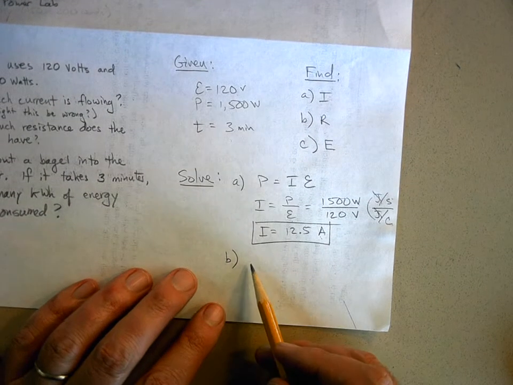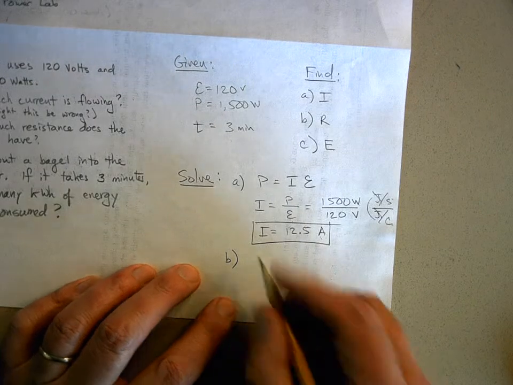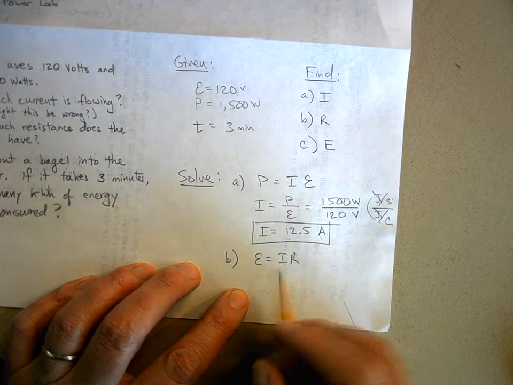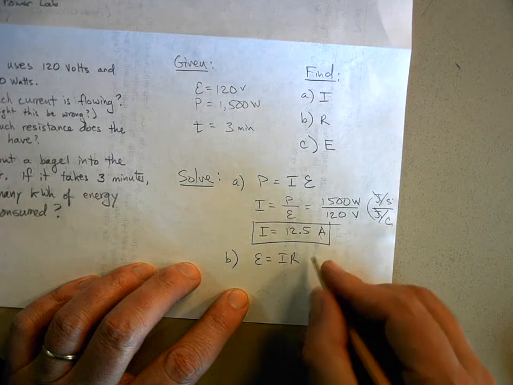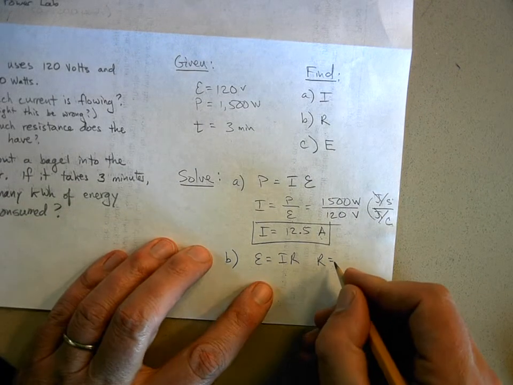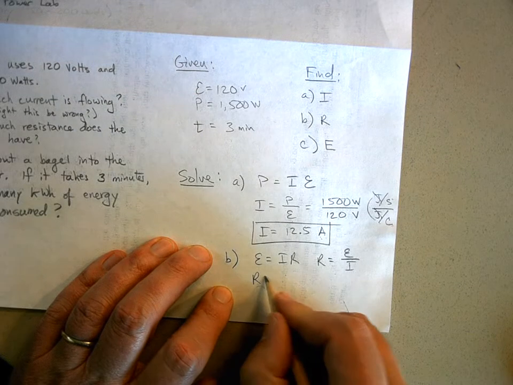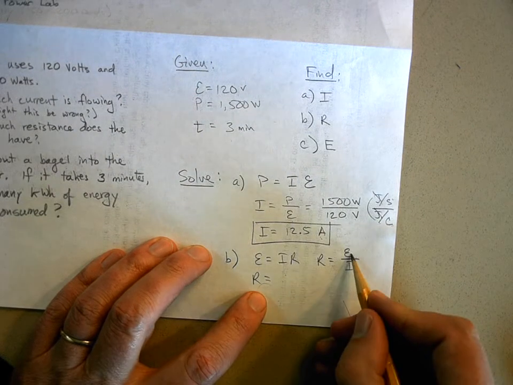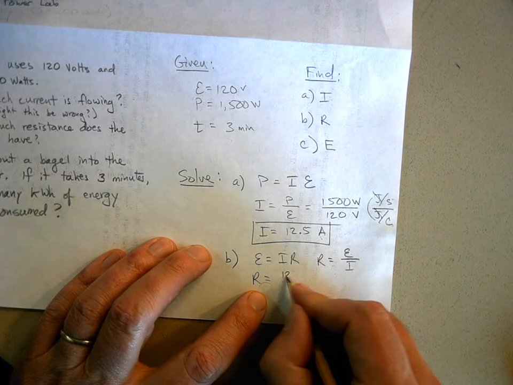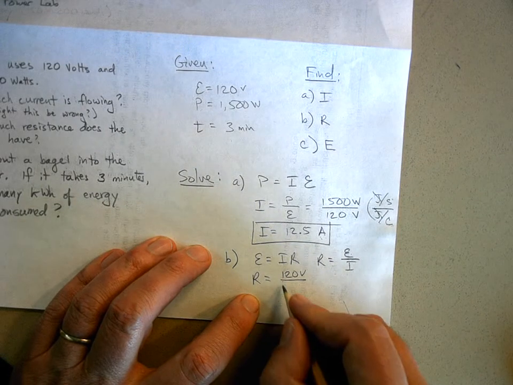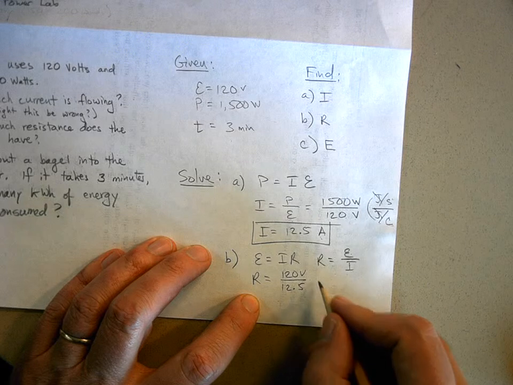Now for part B, we know that E equals IR. That's Ohm's law. And that's the relationship we use to solve for R. So the resistance will be the voltage divided by the current.